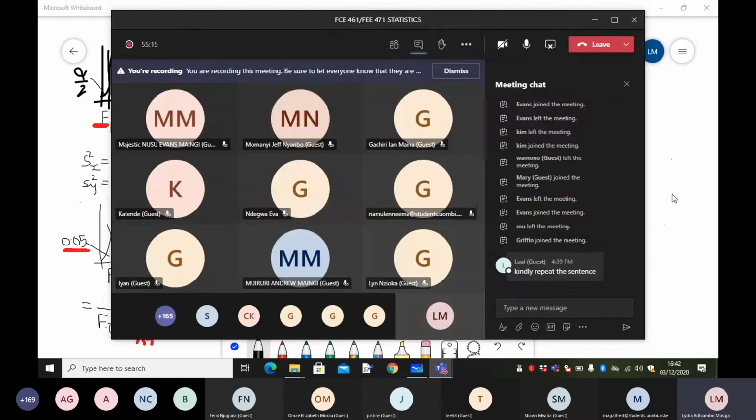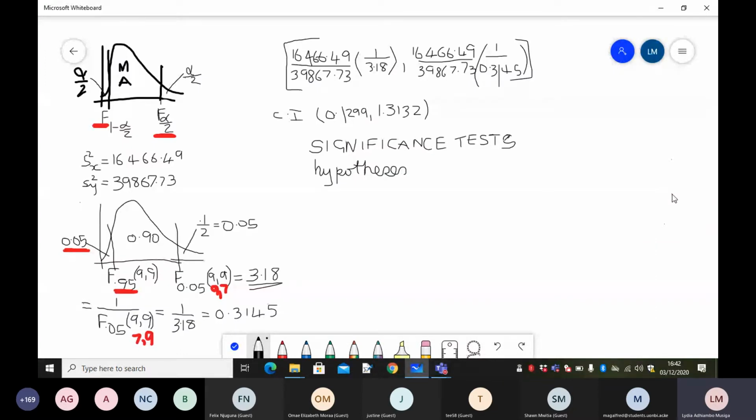Okay, there is a query. Someone, Lual, wants me to repeat the sentence. I said that in many experimental situations, the conclusion to be drawn is phrased as a choice between two conflicting theories or hypotheses.